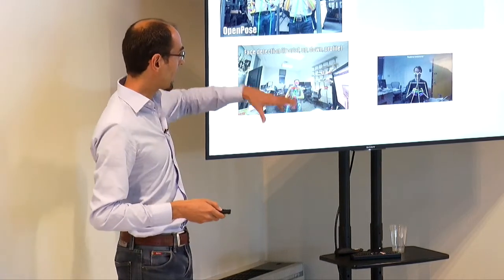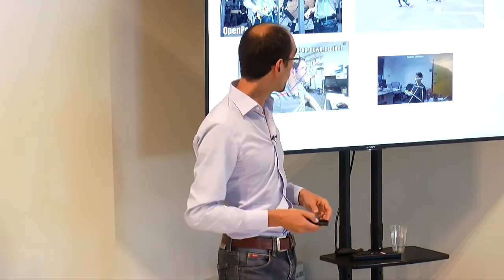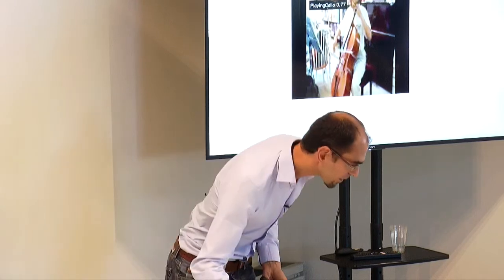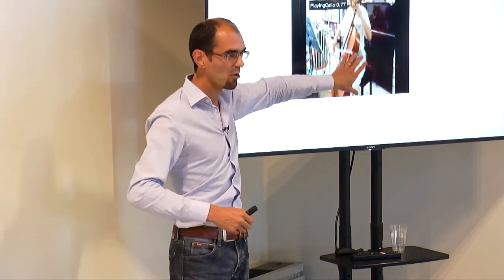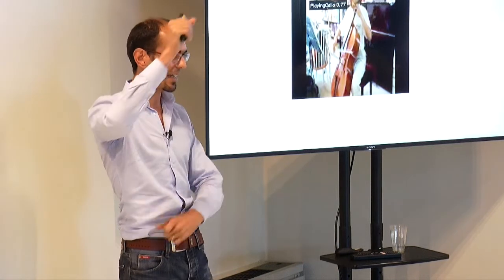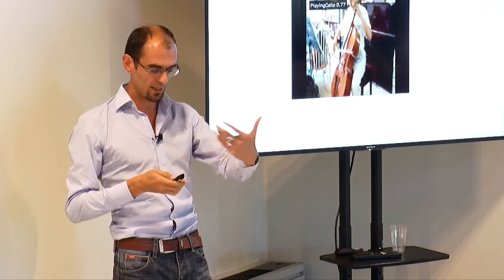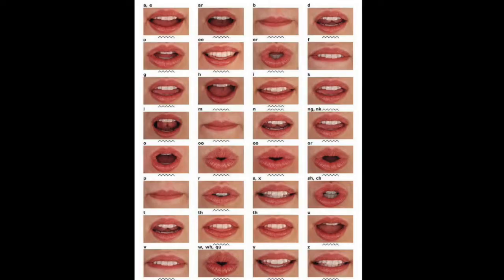You can detect what action they're performing. I think I have a video, but you can imagine this guy is playing cello. You can see people playing tennis, and based on their pose, you can detect that they're playing tennis and so forth. Pose estimation in lips and mouth and stuff like that, tongue, teeth, is lip reading.